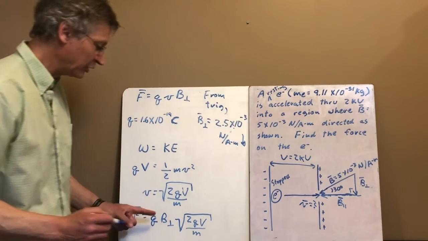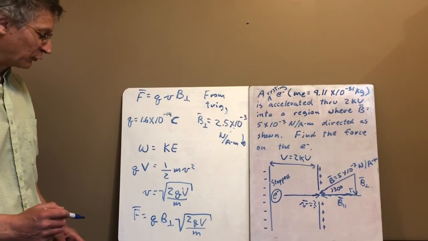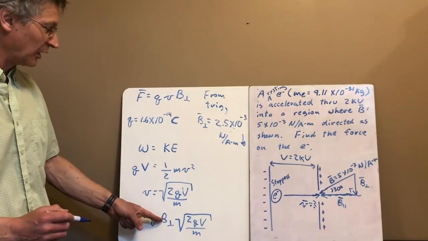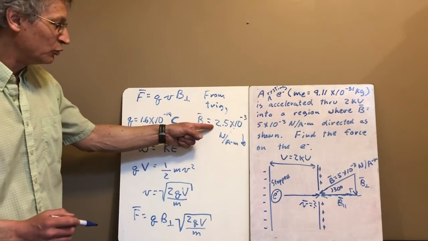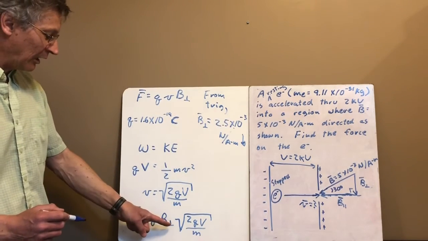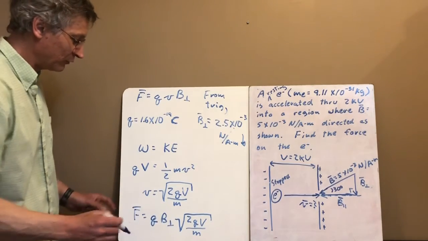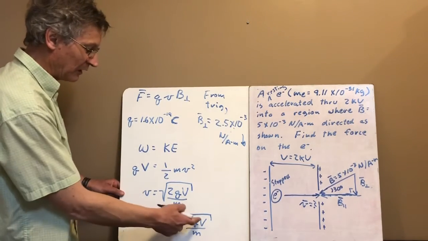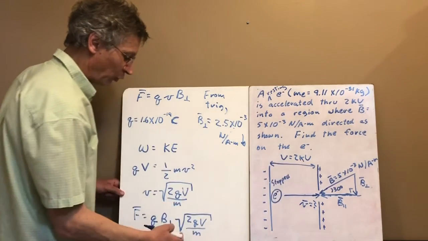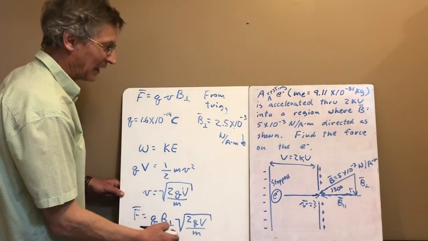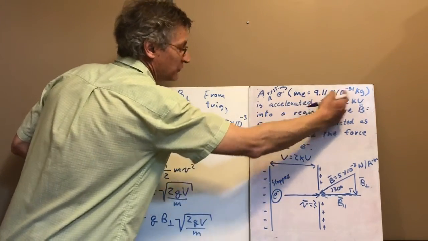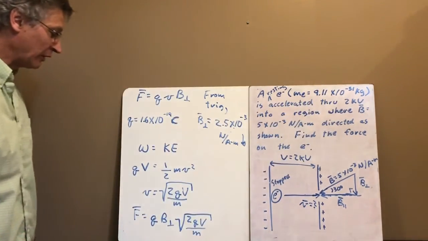So there you go, there you can figure out your force. The charge, 1.6 times 10 to the minus 19 coulombs, times the magnetic field, 2.5 times 10 to the minus 3 newtons per amp meter, multiplied by the square root of 2 times the charge again, times the potential difference, 2,000 volts, divided by the mass. There's the mass of the electron right there.